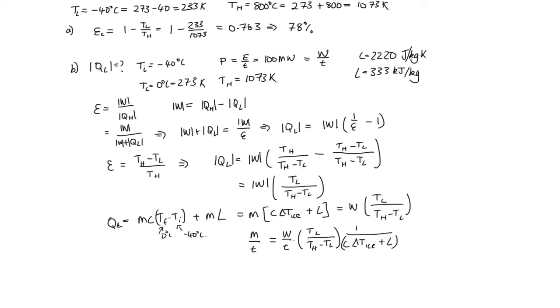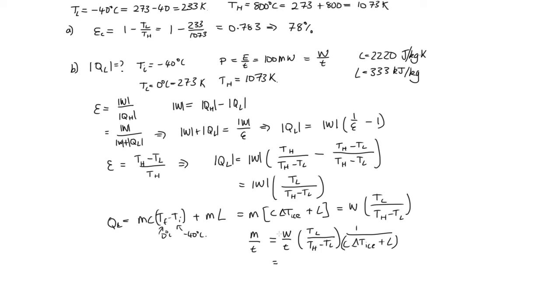Now why I've divided by time is not only because I wanted the rate of the mass change, since a rate is divided by time, but also the work divided by time is our power. So we have that number, it's 100 megawatts. So now we actually have all the numbers, so we can just substitute in.